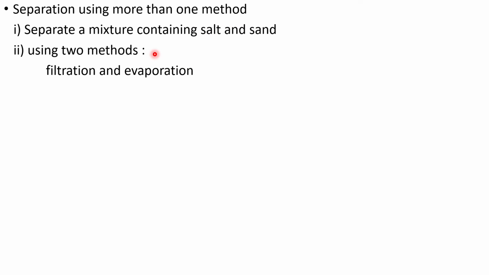By evaporating the salt solution, you evaporate the water, and ultimately you would get salt. As residue on the filter paper you get sand, and after evaporating the water, the left white portion is the salt. So this is how you can separate salt and sand by using two methods, filtration and evaporation.